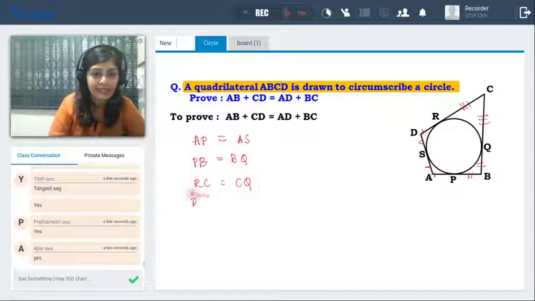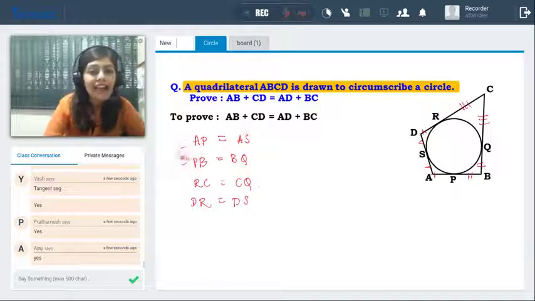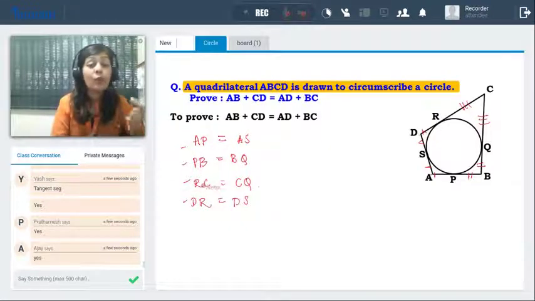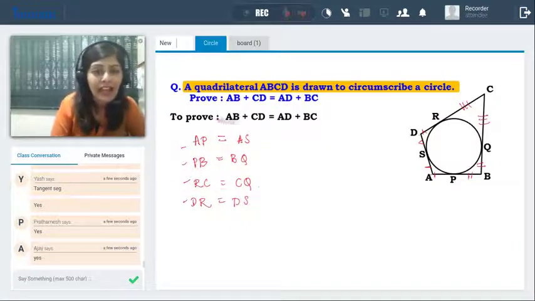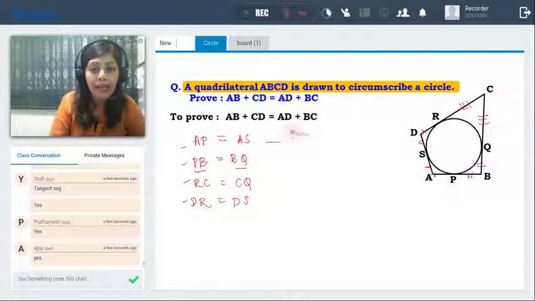DR equal to DS. Now, students, if you paid attention to how I have written the segments, I've put them down very smartly. Why smartly? I could also write BQ here and PB here, right? But I chose to write PB here and BQ here. Why? So this is equation 1, 2, 3, and 4.